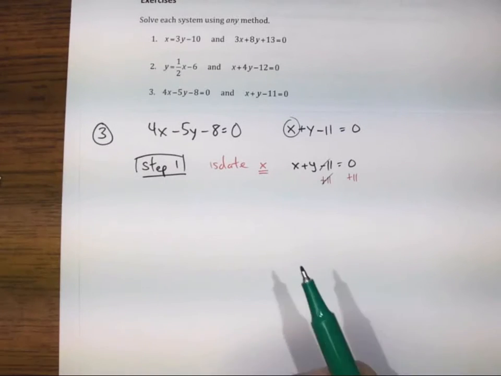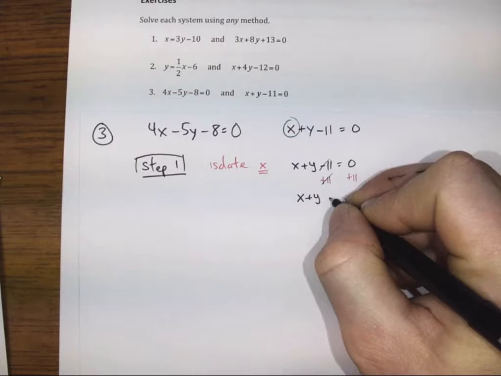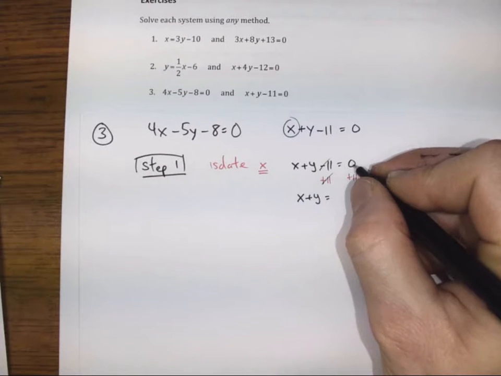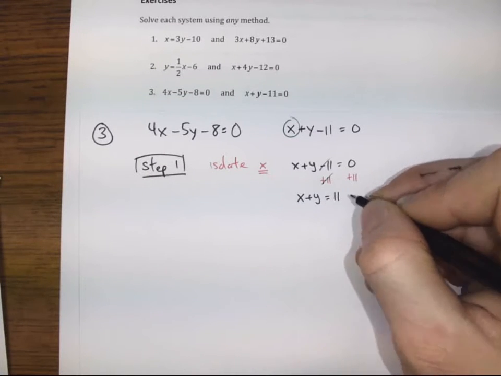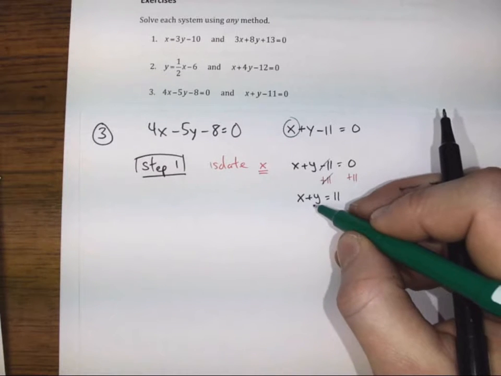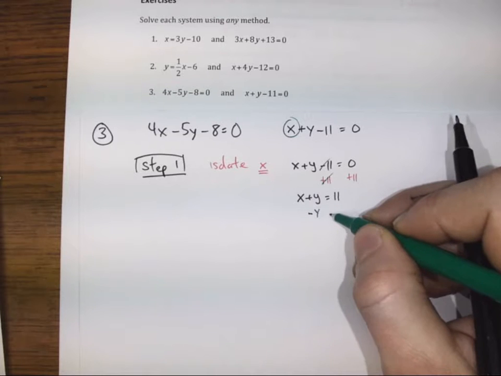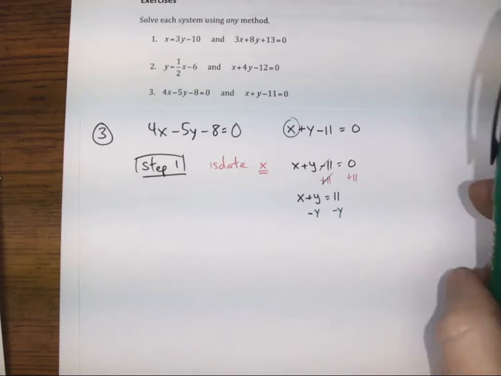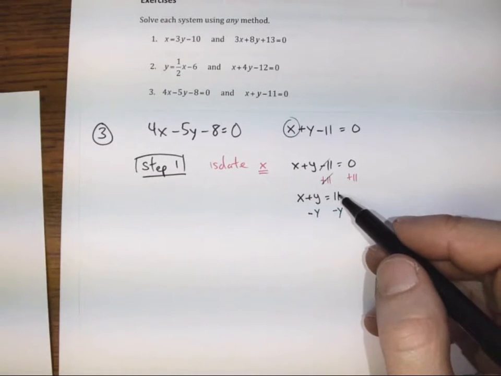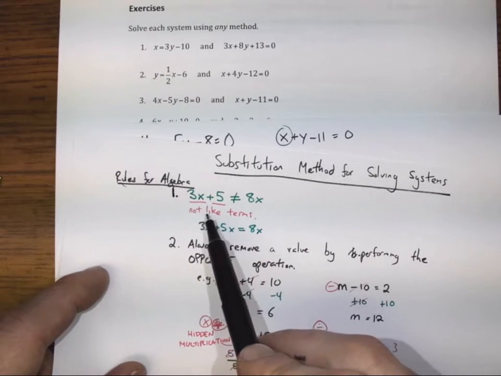Okay, so rewriting the whole line, we get x plus y now is equal to 0 plus 11, which is 11. And then we're going to get rid of this y. This is the last thing to get rid of, so we'll subtract y from both sides. Now we've got to remember, when you have 11, you take away y, you cannot group like terms.